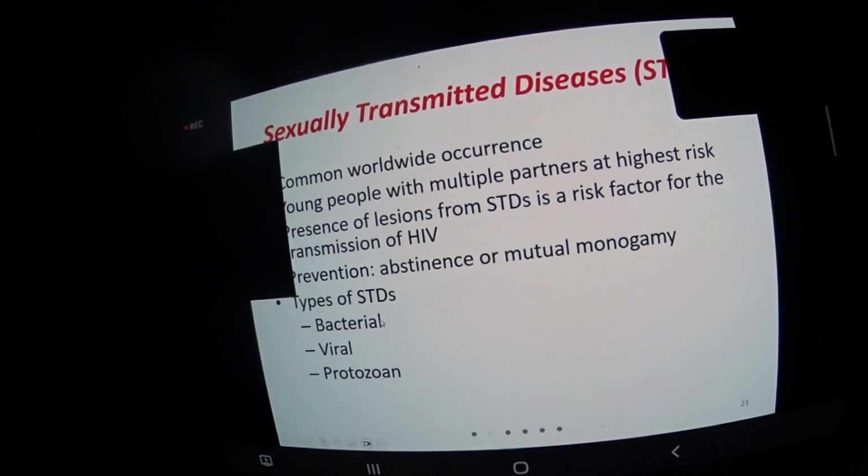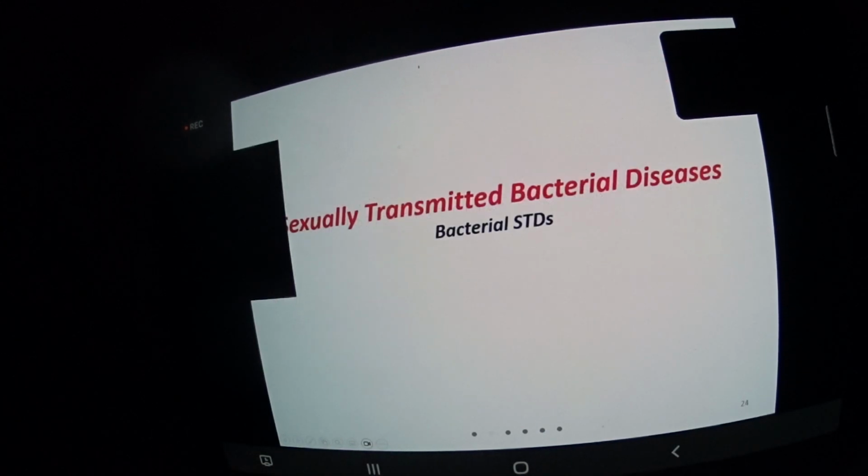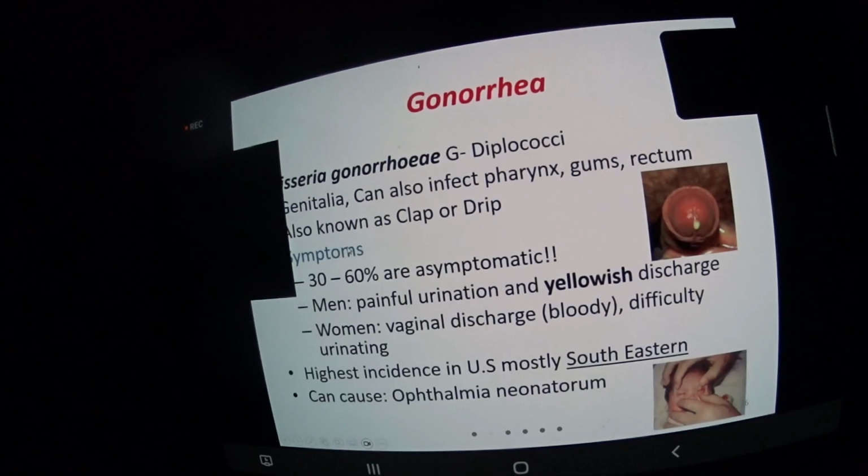Or venereal diseases. In this case we're going to cover bacterial, viral, and protozoan ones, and men and women can get them. So the first one, one of the most common ones in the United States, is gonorrhea. Neisseria gonorrhoeae, a gram-negative diplococcus, is the cause of it.